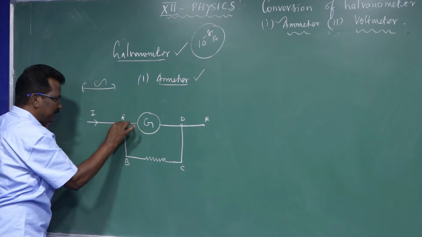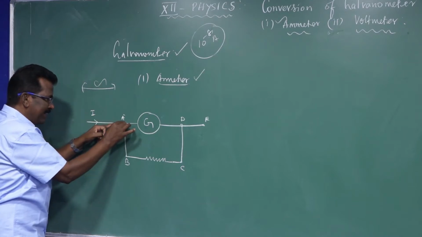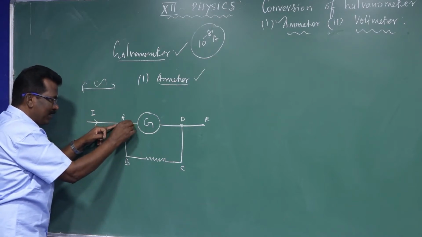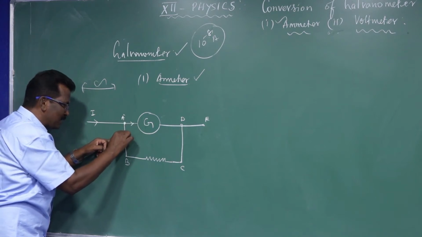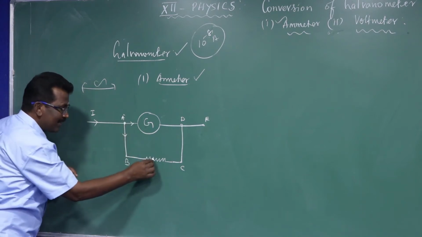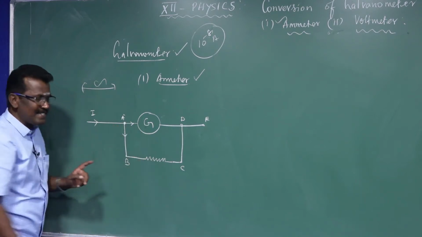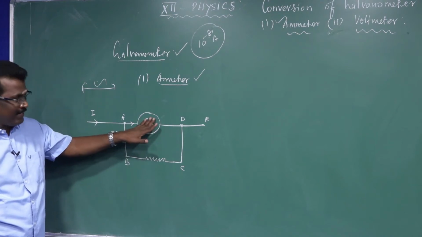At this junction, if current I enters, some amount of current passes through the galvanometer, and the remaining amount passes through this region. What is this? This is a resistance connected across the galvanometer.